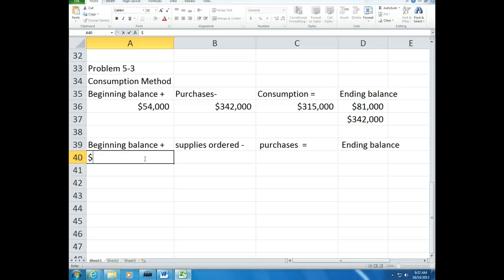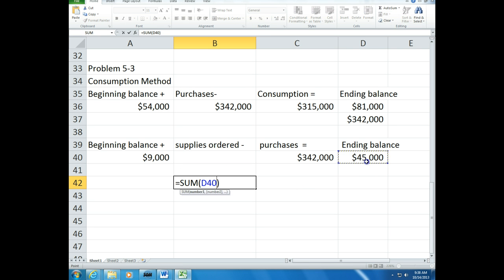Our 9,000 plus whatever our supplies ordered, which is what we're trying to figure out, minus our purchases, which we know up here are 342,000, equals our ending balance of 45,000. You see our reserve for encumbrances is sitting there at 45,000. So how many dollars in supplies have we ordered?